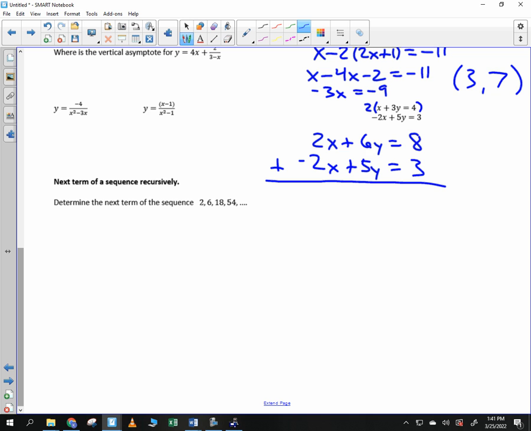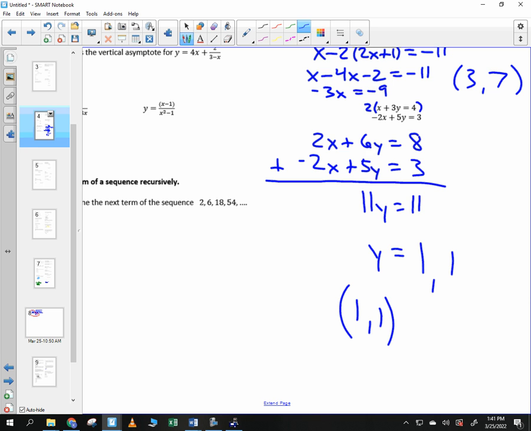And it's called elimination because, as Marissa said, the x's cancel. I get 11y is 11. So y is 1. You could go ahead and plug it back in, and you're going to get 1 as well. Okay, so solving a system, elimination, substitution.